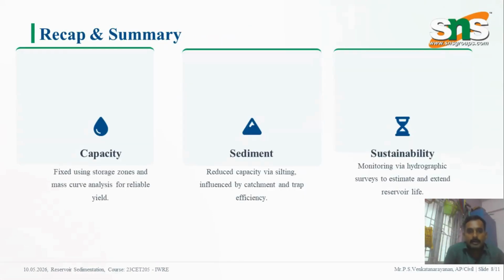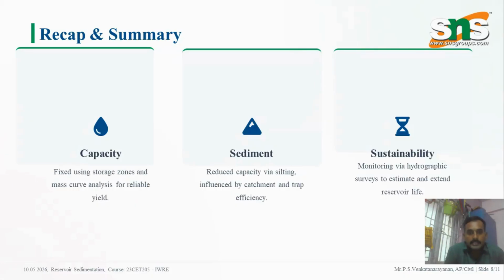Let us summarize the important aspects discussed today. Reservoir storage capacity is determined using storage analysis and methods such as mass curve analysis and area elevation curves. Sedimentation reduces storage capacity over time and affects project efficiency. Trap efficiency and Brune's curve help engineers estimate sediment retention and useful reservoir life.